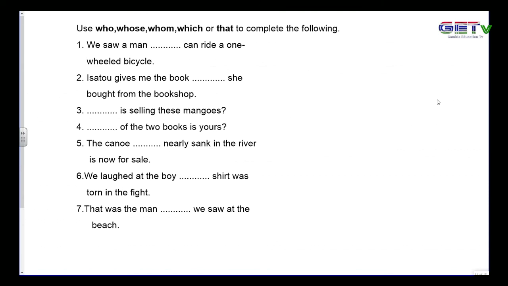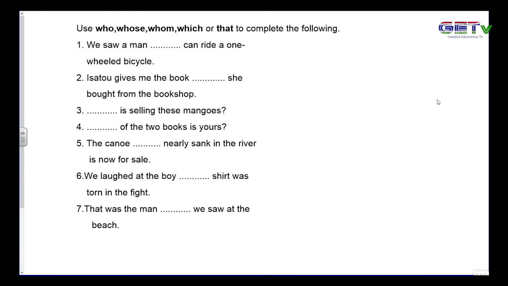I read: 1, we saw a man who can ride a one-wheel bicycle. 2, Isadora gives me the book which she bought from the bookshop. 3, who is selling these mangoes? 4, which of the 2 books is yours? 5, the canoe that nearly sank in the river is now for sale. 6, we laughed at the boy whose shirt was torn in the fight.